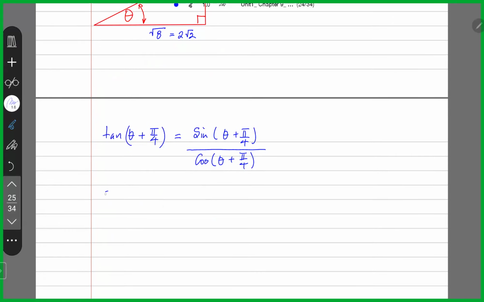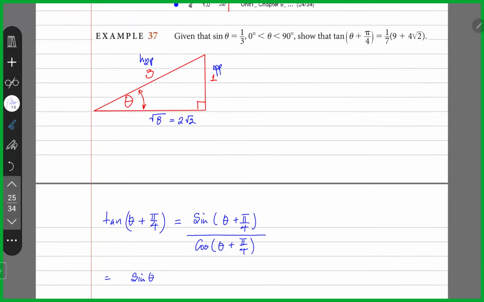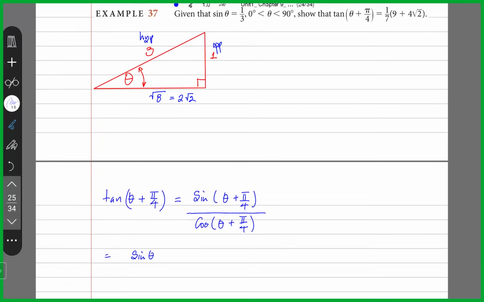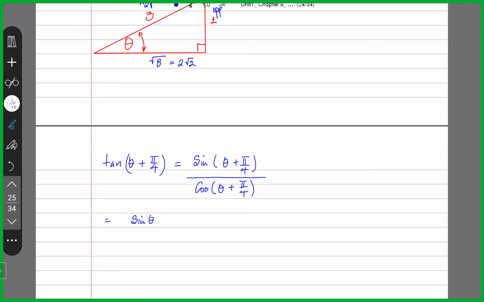So using our compound angle formula, this should be sine theta cos pi by 4 plus the cosine of theta, the sine of pi by 4.